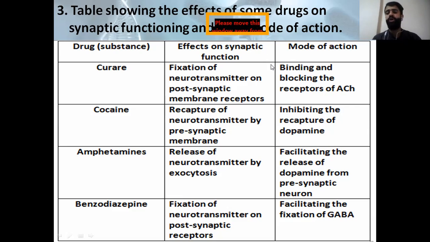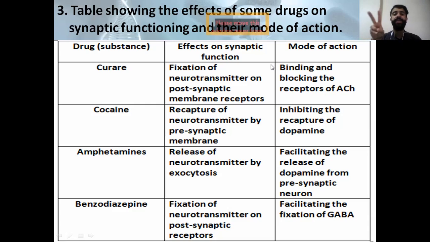That's why those who use cocaine are happy all the time and have a high feeling of pleasure. So this is the mode of action of cocaine. It works at the level of the recapture process and inhibits the recapture of dopamine.